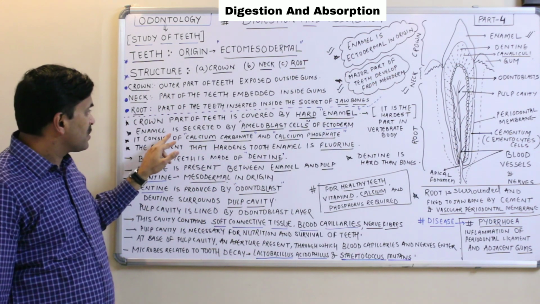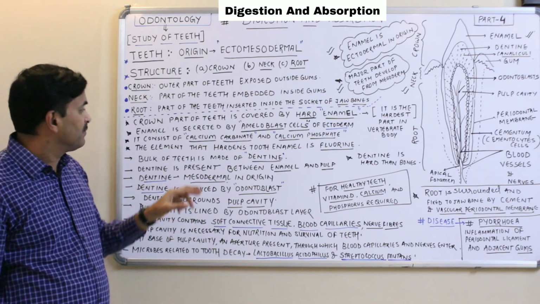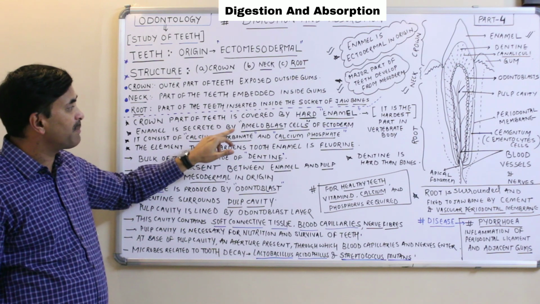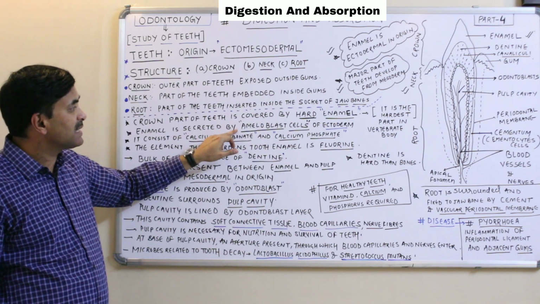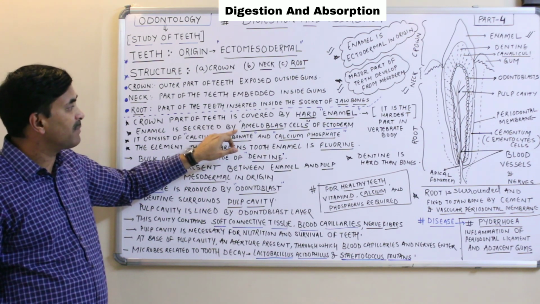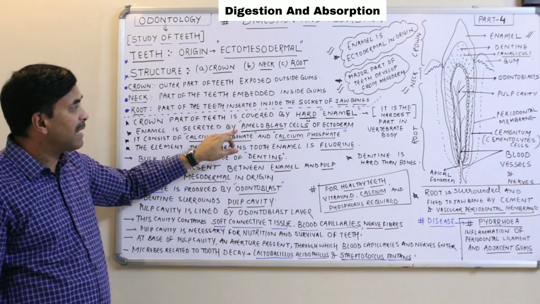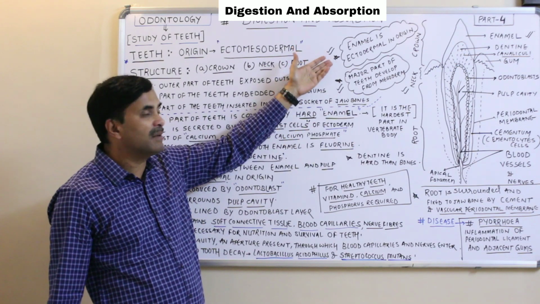Now the question arises: who secretes the enamel? Enamel is secreted by special cells called ameloblast cells of the ectoderm, and you also know that enamel is ectodermal in origin.